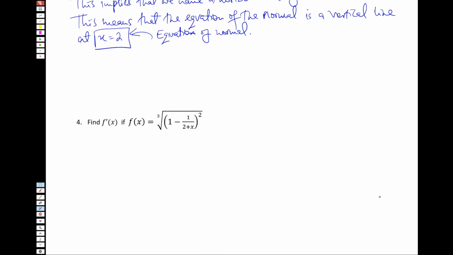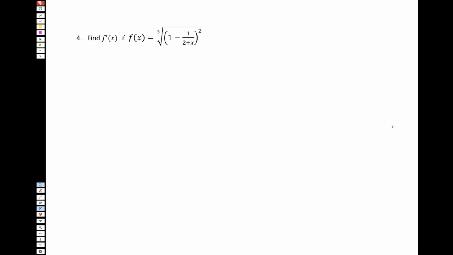Okay, number 4. We have this function, and we are required to find the derivative of this function. Now I'm going to rewrite it, and I plan to use the quotient rule to find the derivative.